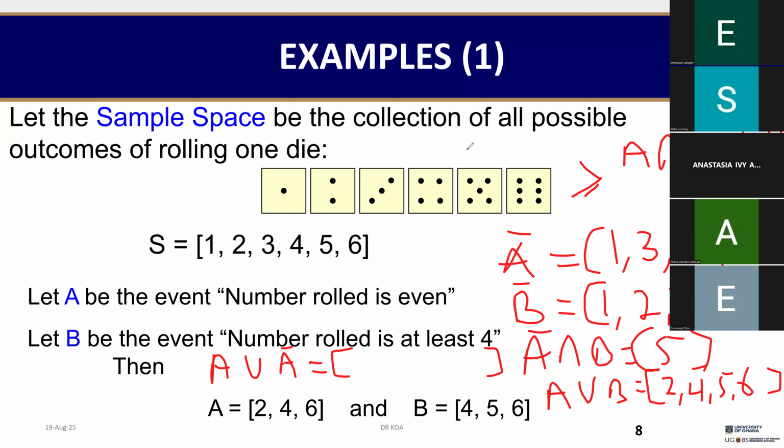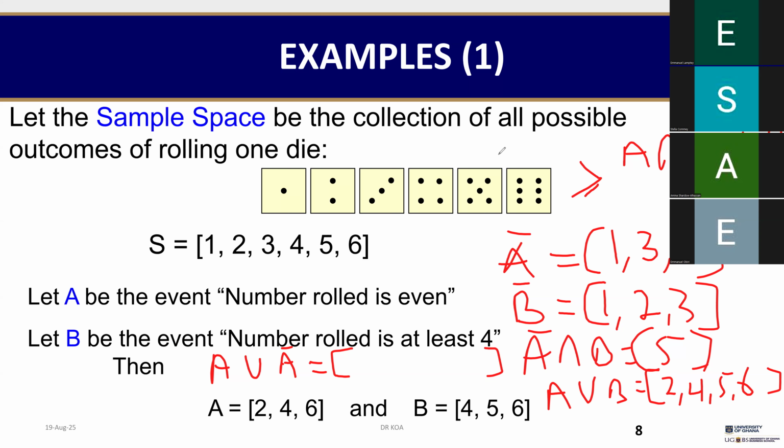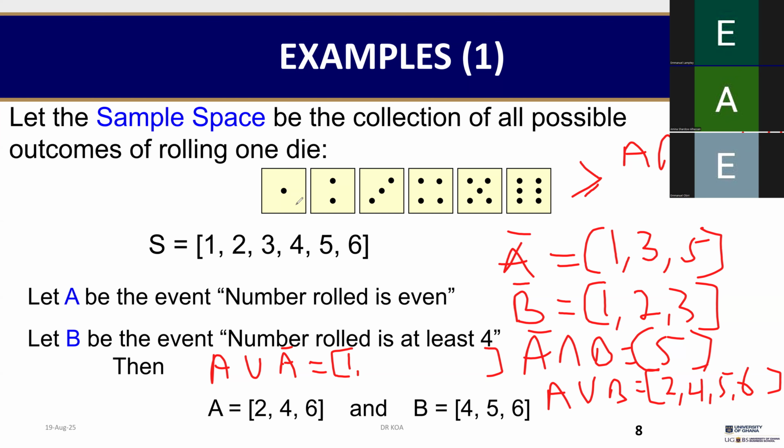Okay, so yes, sir. For A, the content of A is 2, 4, and 6. And then A complement is 1, 3, and 5. So A union A complement will be 1, 2, 3, 4, 5, and 6.